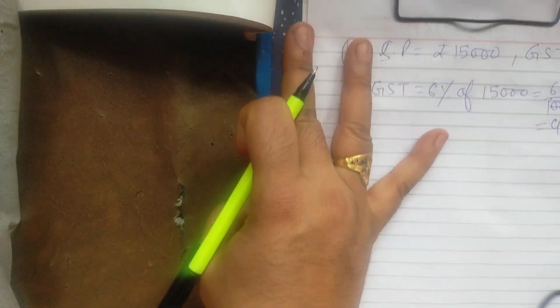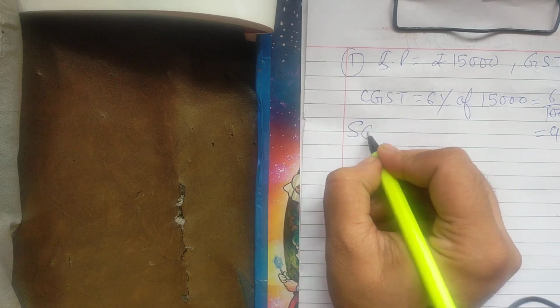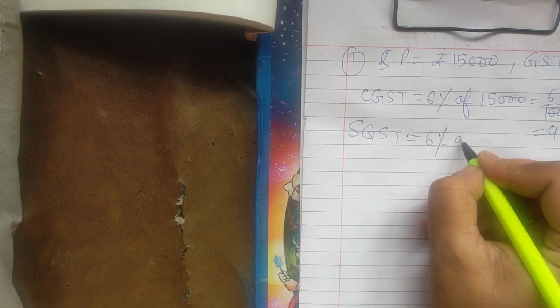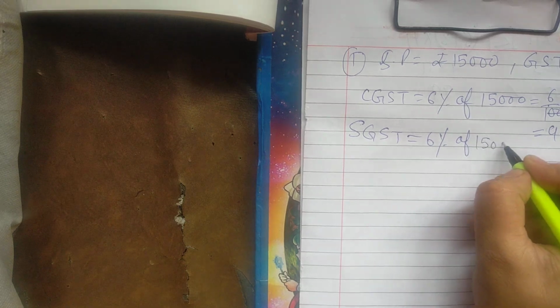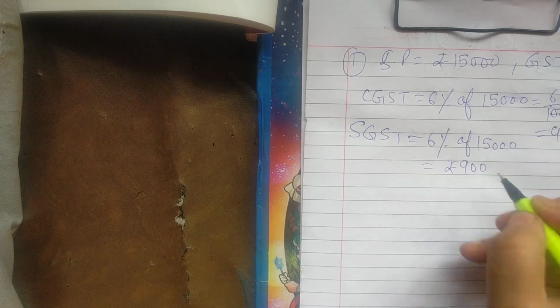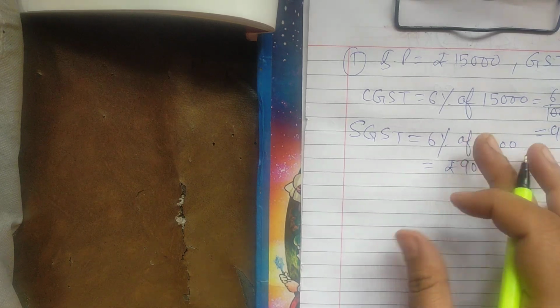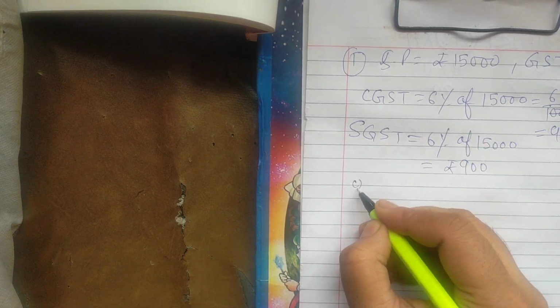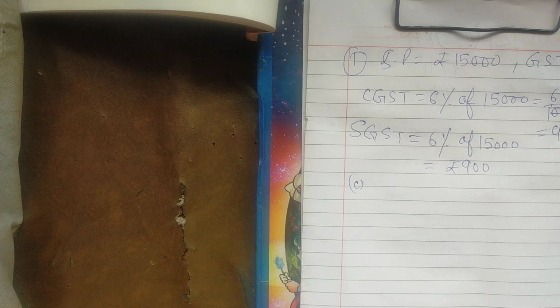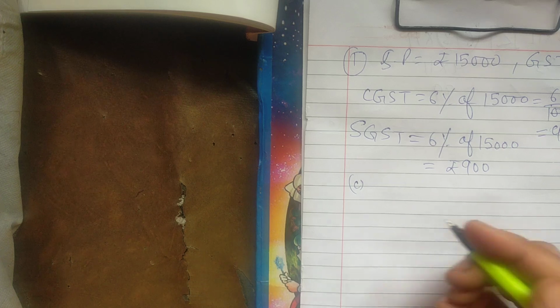Then SGST will be the same, 6% of 15,000. So its answer will also be 900. So here they are writing the C part, CP at the station B. So here profit is given.